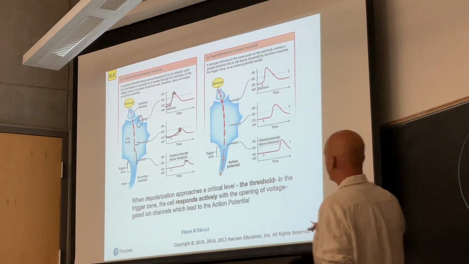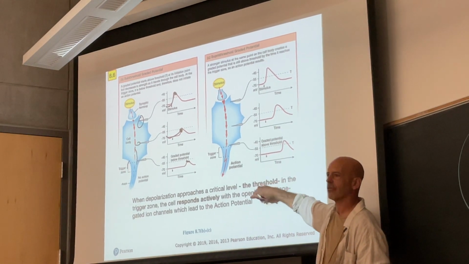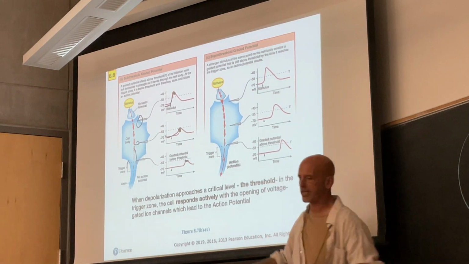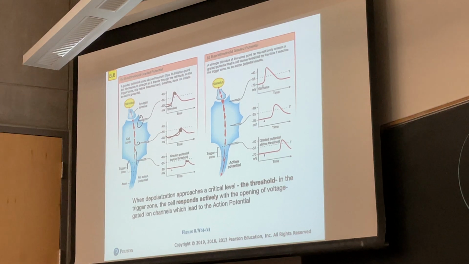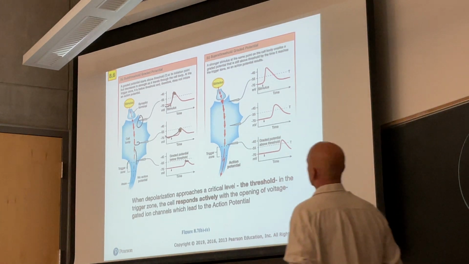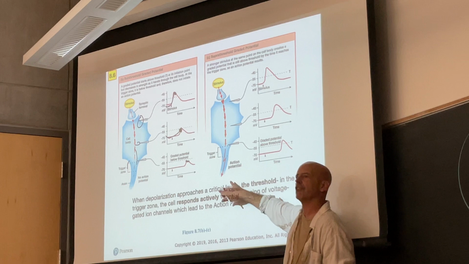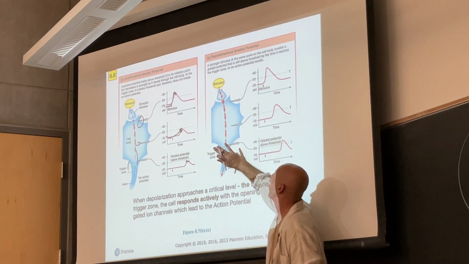But that depolarization has a critical level called the threshold. Definition, threshold: the critical level of depolarization that's going to activate the voltage-gated sodium channels for the most part. So the cell is going to start, and that passive spread is no longer the mechanism here.